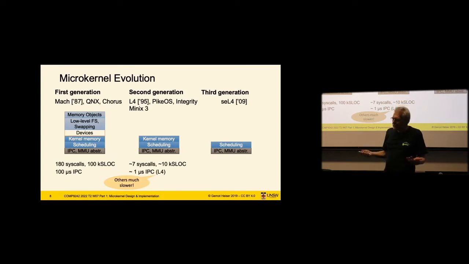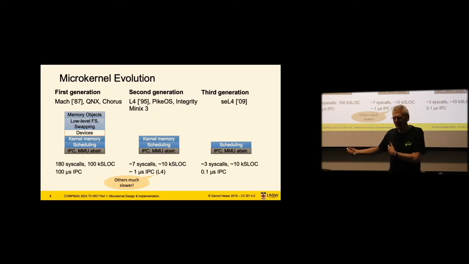And then seL4 is considered the third generation, 13 years old now, and we went even more radical and took memory management out of the kernel, and of course that's where you derive a lot of fun from. To the point where we really think it'd be too dangerous to let you loose on naked L4, and we give you a memory management library.